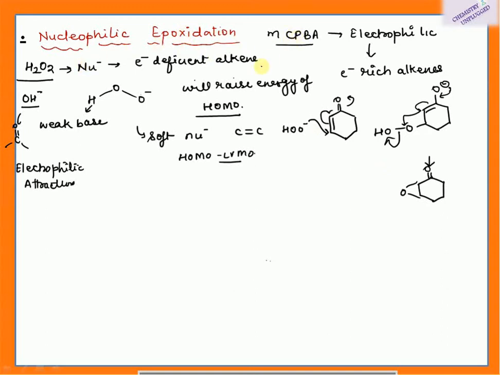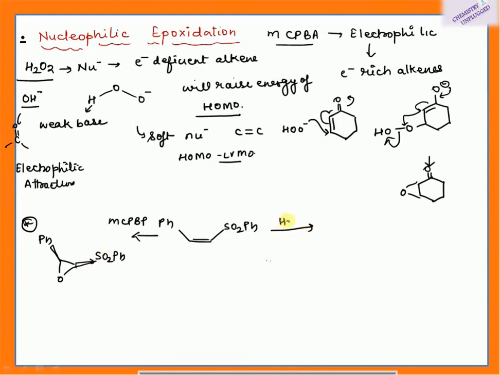Next important point is, if I am using a double bond like this and I am using MCPBA, it will show the reaction in a single step, right? So it will give me a stereospecific product. Okay, but if I am using H2O2, then this reaction is not in a single step. So there is free rotation about bonds, and that is why it can form the more stable epoxides, trans epoxides, right?